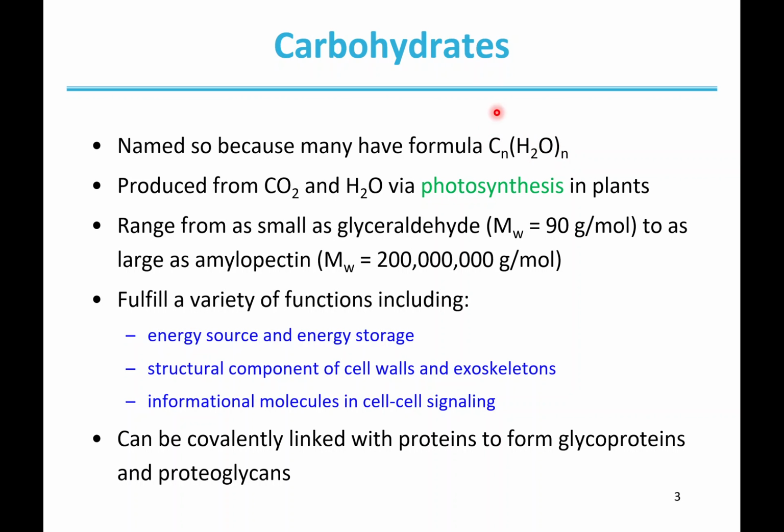So that's really why they call it carbohydrates. You have carbon and water. These are produced by plants, primarily, through photosynthesis, where they take carbon dioxide from the air and water and form them.